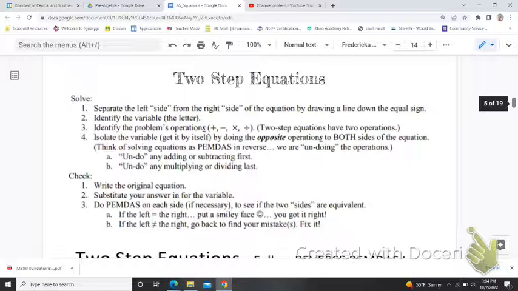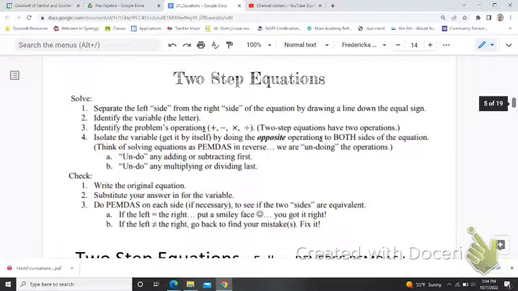For two-step equations, you may want to do what I showed you before, draw a line down through the equal sign to help you separate the two sides. And then think about what operations and where the variable is so that you can get the variable by itself. Because remember, we want to isolate that variable.